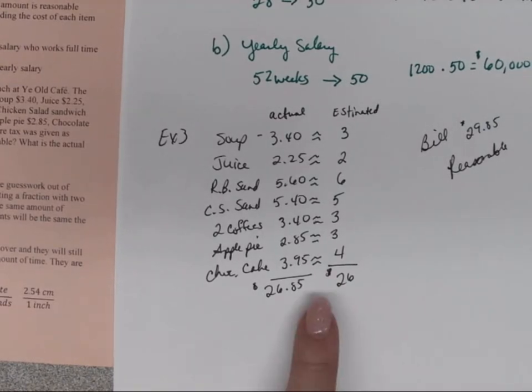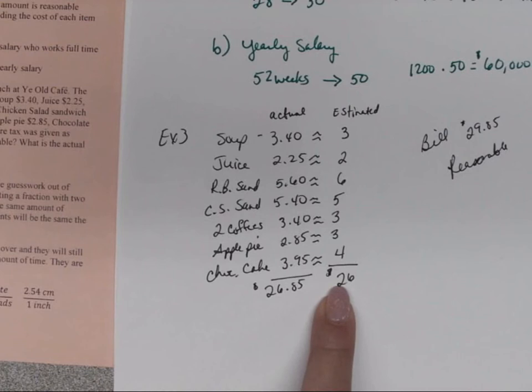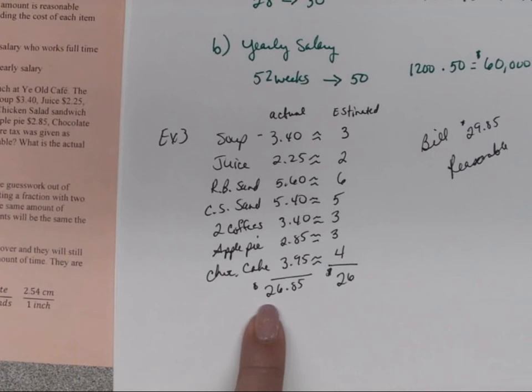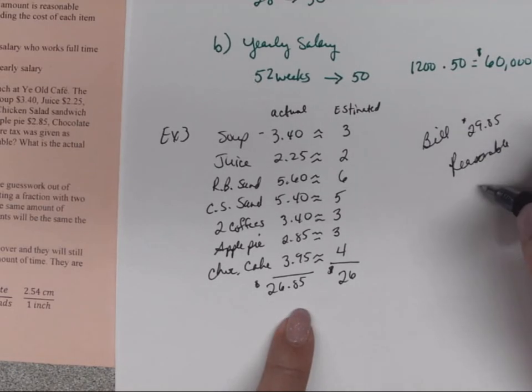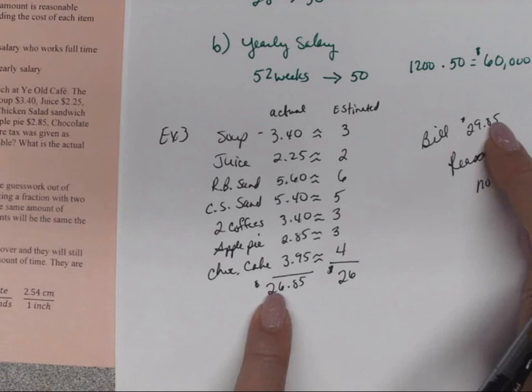Well, it's $3 off from our estimation, well, almost $4 off of our estimation. So then once we estimated, then we look and, oh, it's not right. Somebody made a math oopsie there. And so the answer would be no, because it's actually $3 off.